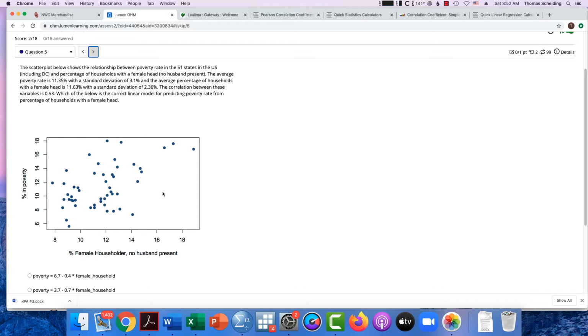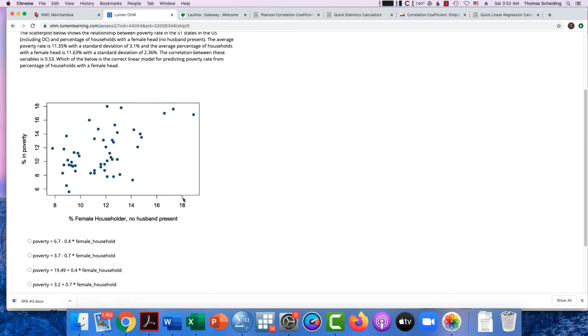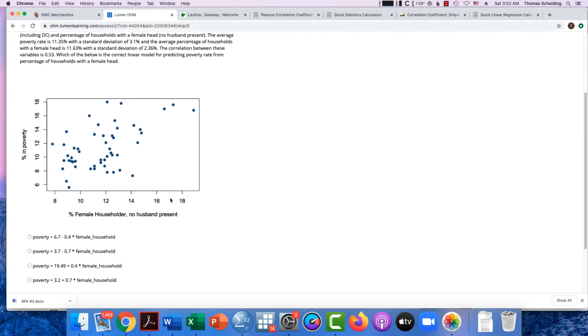So here, we're asked to say a little bit about what the correct linear model would be. Well, in general here, we see a negative relationship existing. Because of that, we can already get rid of these two options because it's plus and plus. So now we're really stuck with 3.7 versus 6.7.